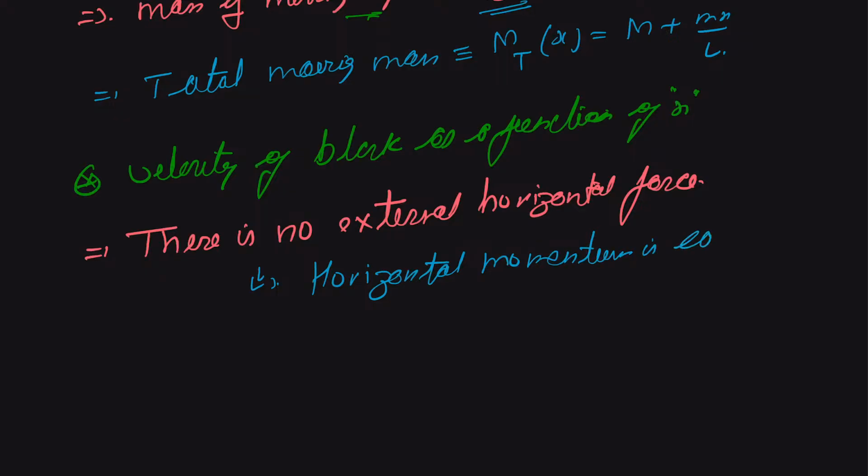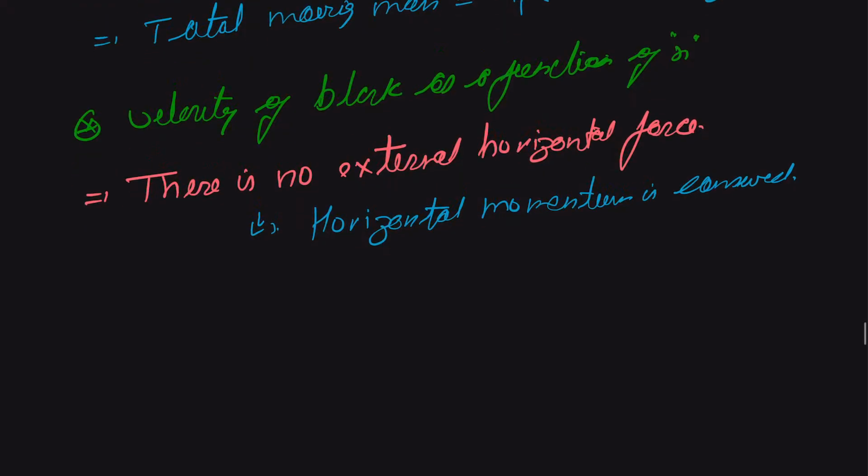Let us find the initial momentum. The initial momentum is associated only with the mass, because for a fraction of a second only the mass is attaining the velocity v naught. So the initial momentum, p naught, will be equal to m times v naught. And the momentum at displacement x will be our final momentum.